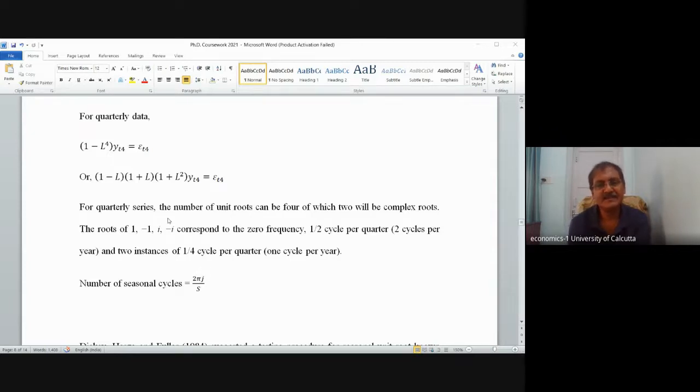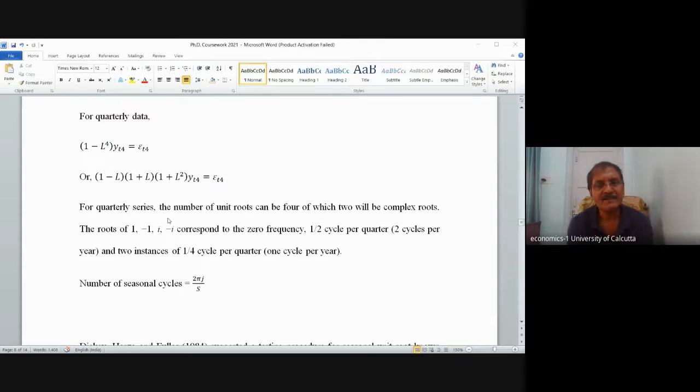It indicates the presence of unit root in 0 frequency. That is when we are considering no frequency at all. So no frequency means we are considering the annual movement for the longer period or non-seasonal part. If we ignore the seasonal fluctuations, the frequency will be 0. The first part will capture this one.